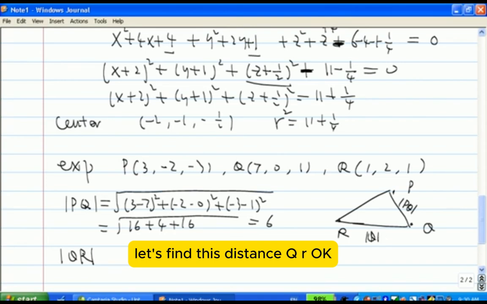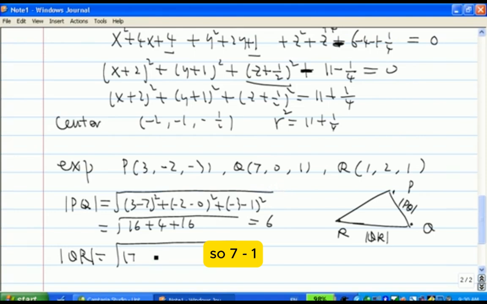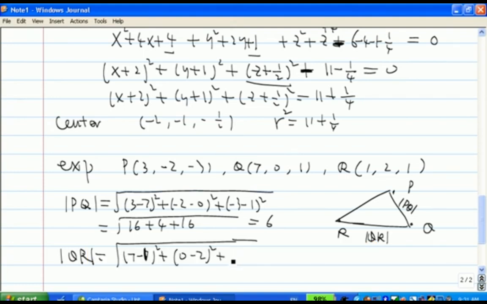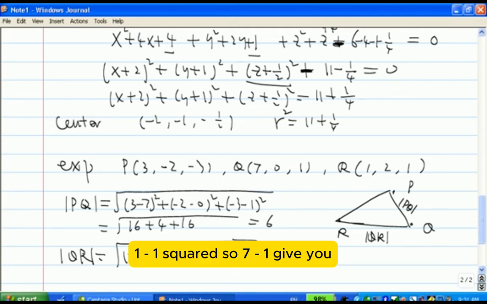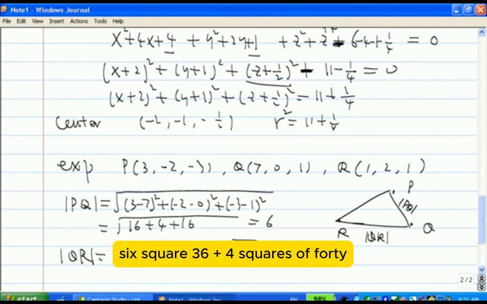Find the length between point Q and point R. So 7 minus 1 squared, plus 0 minus 2 squared, plus 1 minus 1 squared. So 7 minus 1 gives you 6 squared, 36, plus 4, square root of 40.